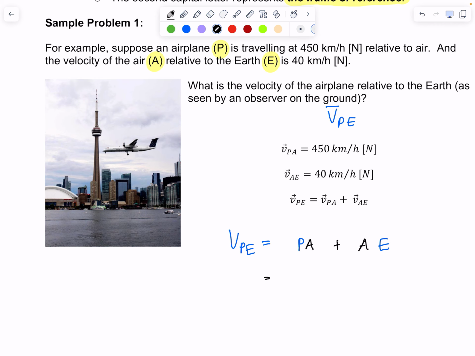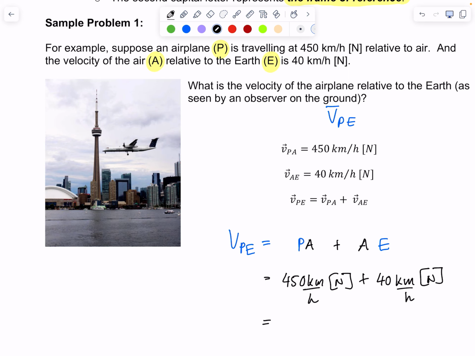We know the velocity of the plane relative to the Earth is 450 kilometers per hour north, plus the velocity of the air. Sorry, the first one was the velocity of the plane relative to the air is 450 kilometers per hour north. And the velocity of the air relative to the Earth is 40 kilometers per hour north.